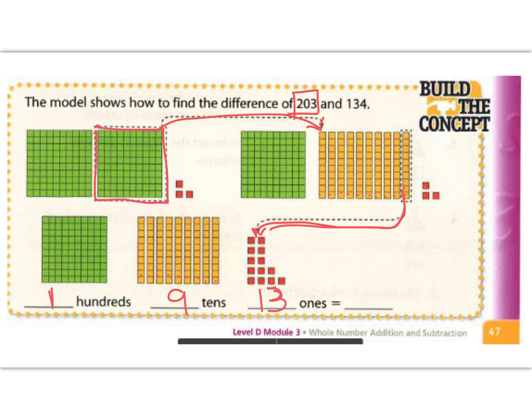But this is the same thing as 203. Now when you have it like this, you can take away 134 because you can take away 100, you can take away 30 from here, so you'd have 6 left, and then you can take away 4 from 13, which was 9, so the final answer would be 69.